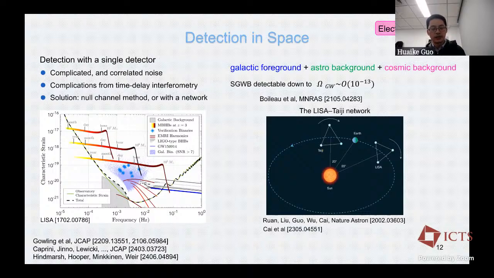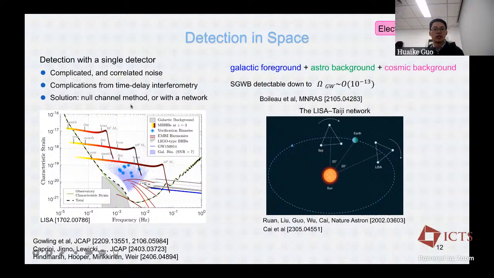So let's go into the details of a detector. For space detectors like LISA and Taiji, the detector proposed by China, by the way, we have to use the so-called time delay interferometry to cancel the dominant noise from the laser frequency fluctuations. Then we will have roughly three TDI channels, and we use one channel to monitor noise and use the other two to measure the signal.